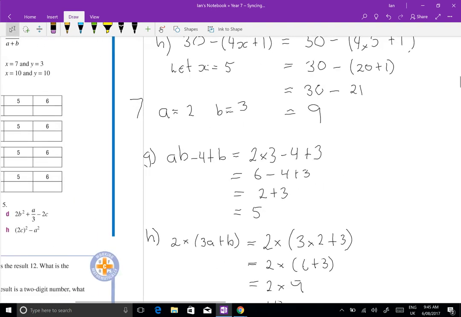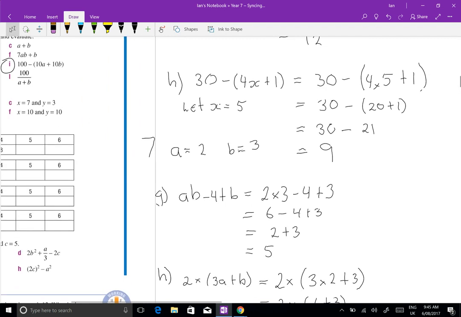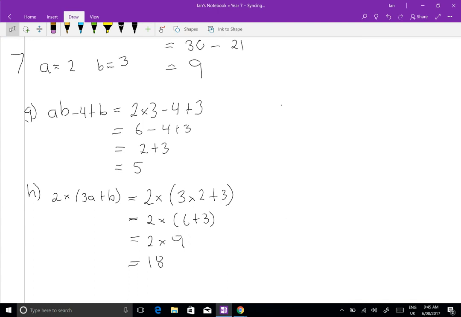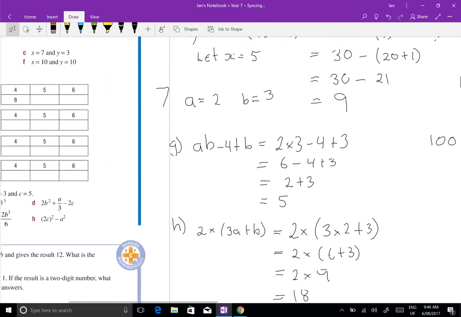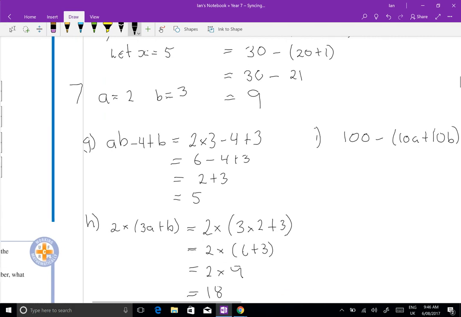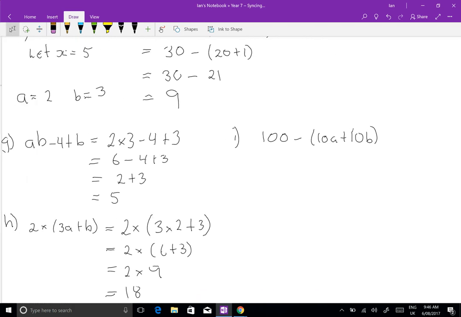Okay. The last one we're going to do, big numbers. 100 minus brackets 10A plus 10B. Let's double check, make sure that's right. Yep. And this is I. Now remember, A equals 2 and B equals 3.